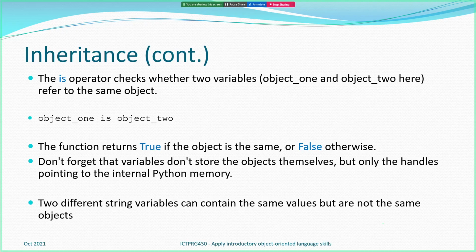A string is a variable, but if you use this operator on two different strings that contain exactly the same information, it will be false because each string value is not the same object.